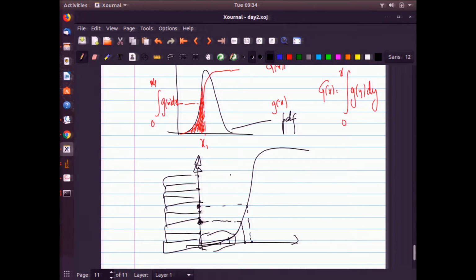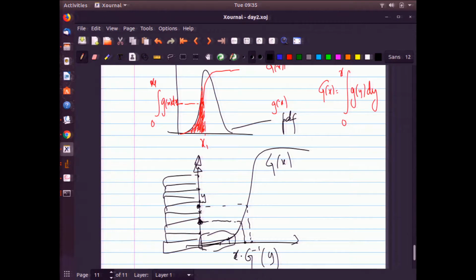So we will end up with more samples here and fewer samples here, because samples here will tend to be spread out and samples here will tend to cluster. So if you take a uniform measure here and push it through this, what are we doing? This is g of x, and these are random numbers y, so this is g inverse of y, right? This is the inverse. Because we're going from this y to x, is the inverse of g, and we're saying g inverse of y.